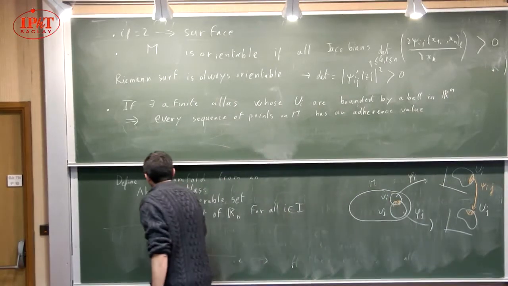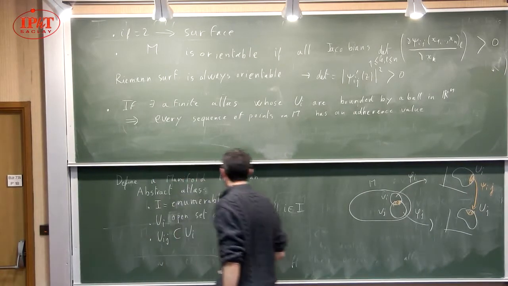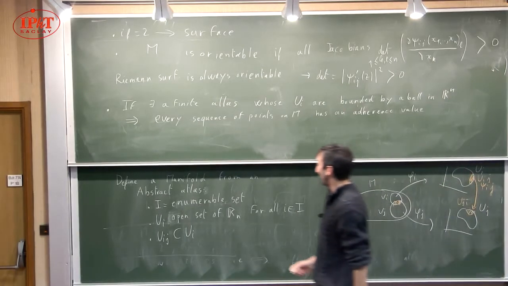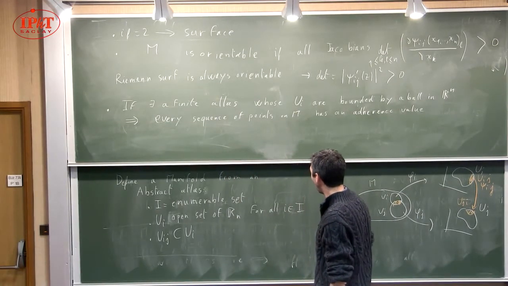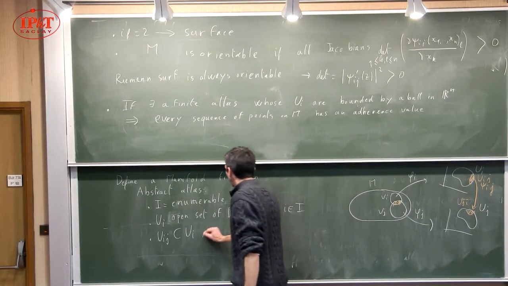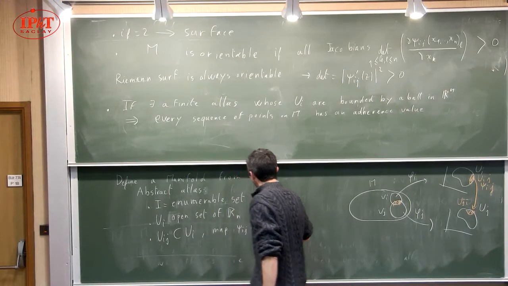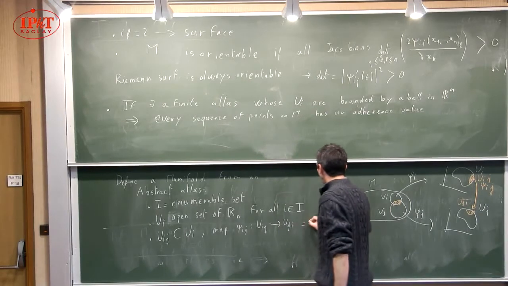I will also define some Uij. So basically my Uij will be that region, and here you will see I will have Uji. Uij is included in Ui, and maps psi ij that go from Uij to Uji, which is a homeomorphism.